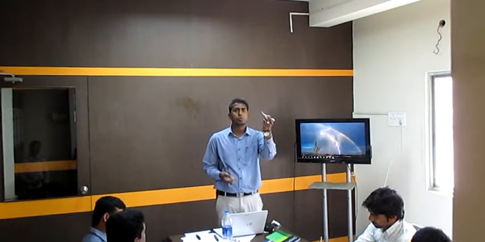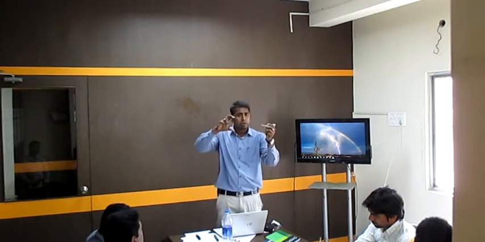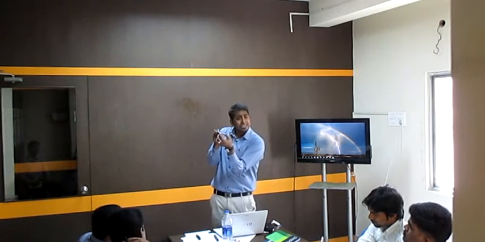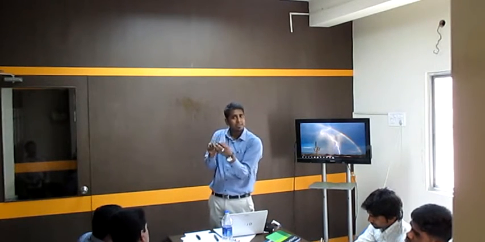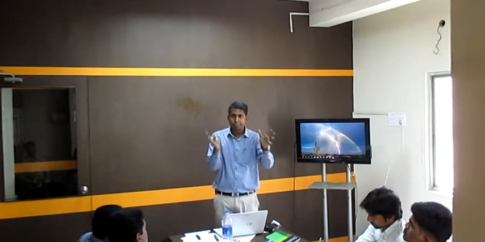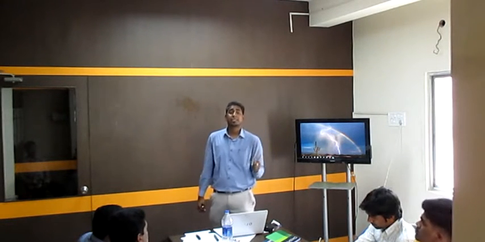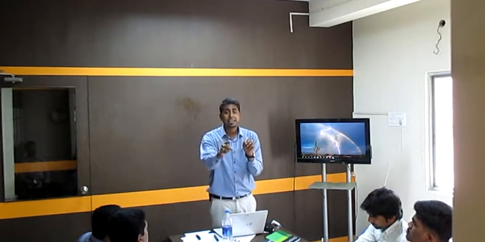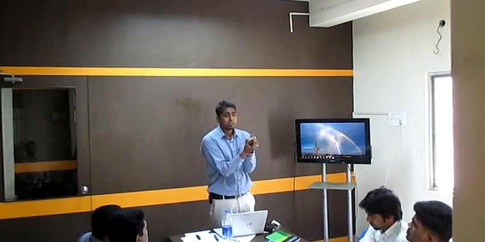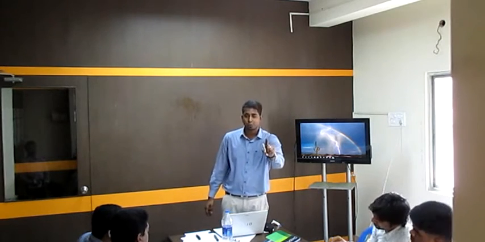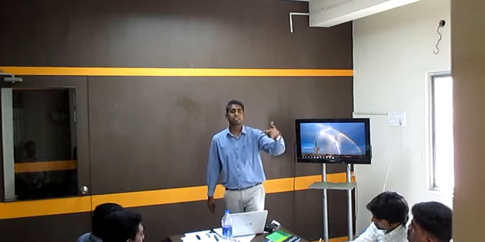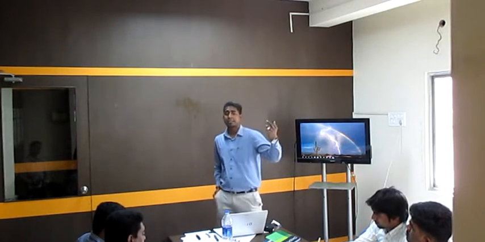For example, if you want to work with a pedo patient, we have a lesser mouth opening, so we need a small head size. That is one purpose, accessibility, and the other purpose is visibility. If your head size is bigger, your visibility gets poor. If your head size is smaller, visibility will be good. So head size matters for accessibility and visibility.